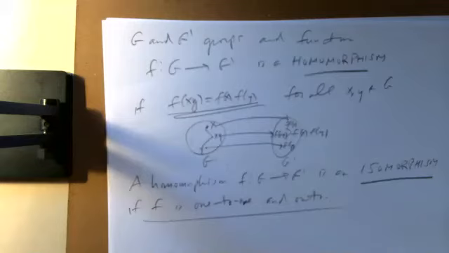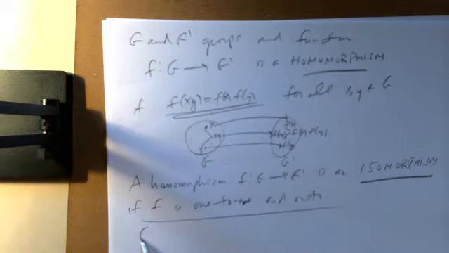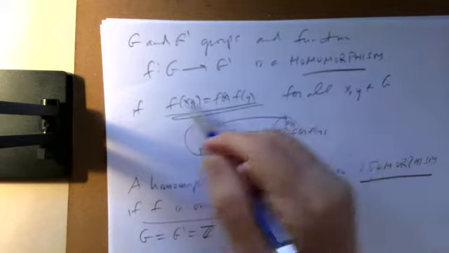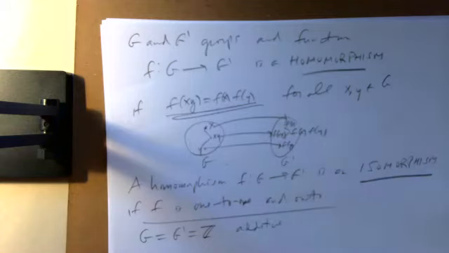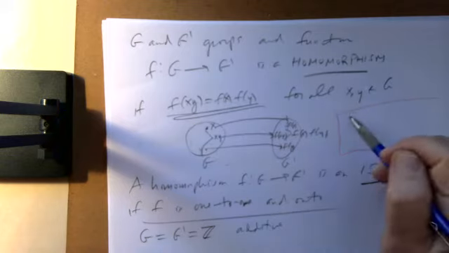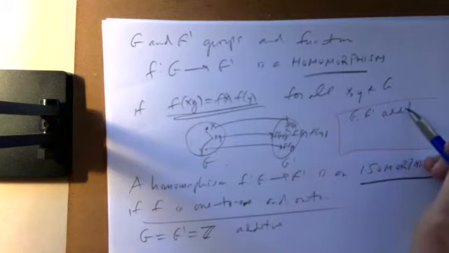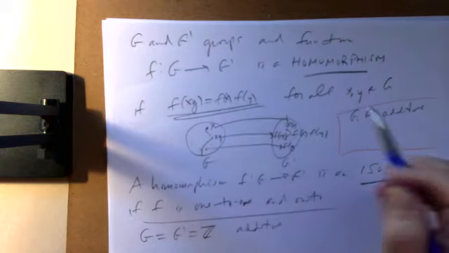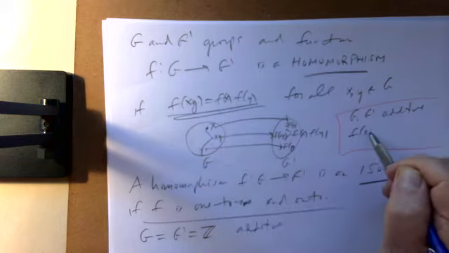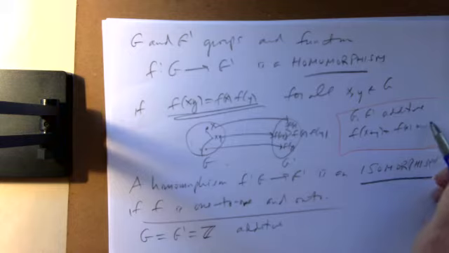Let's see. What's an example of a homomorphism? Suppose I take G and G prime just to be the integers under addition. So these are additive groups. If G and G prime are additive, multiplication is replaced by addition. So the definition of a homomorphism would be f of x plus y equals f of x plus f of y.